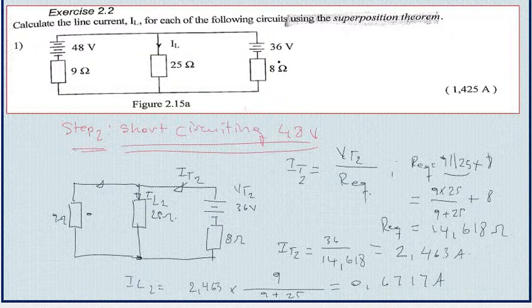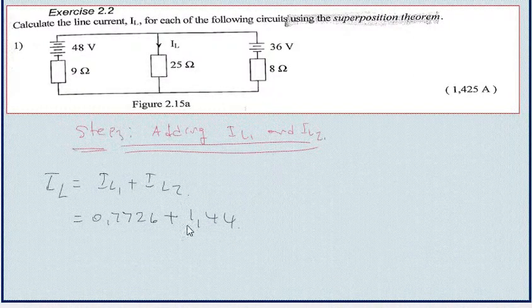So if I consider this source and I close that one, now we go to step 3. I just need to replace the value of IL2 with the new one.